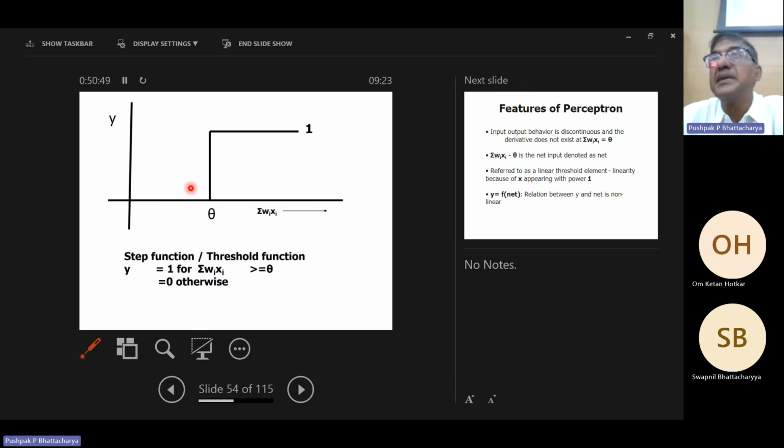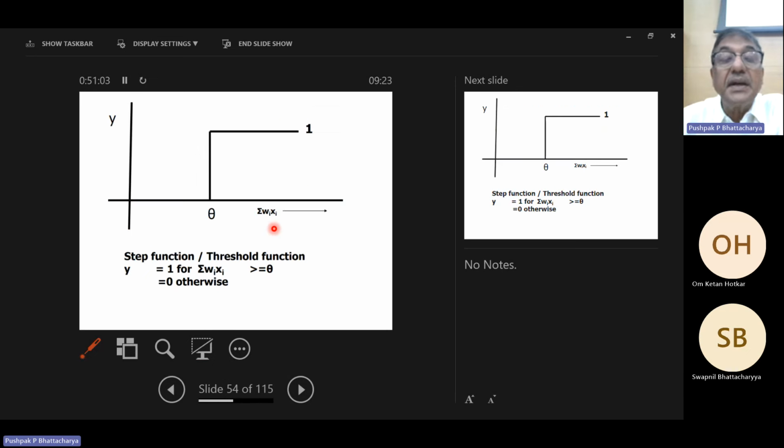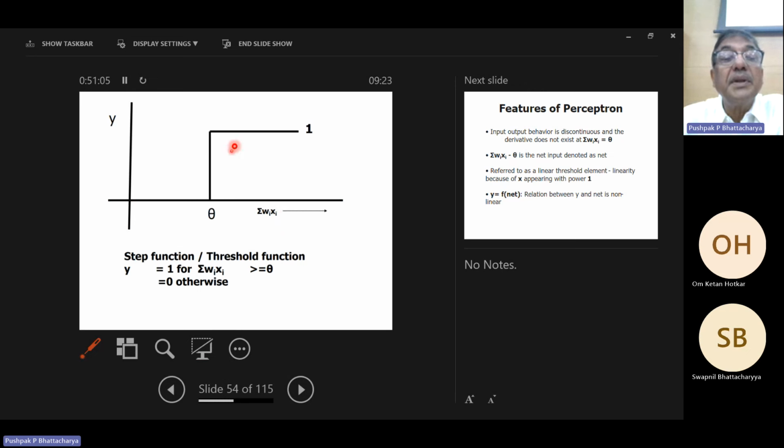This is what the perceptron does. Now you can immediately see that a perceptron is by nature a classification device. For some vectors x, if the summation is more than theta, then those vectors will be put in class 1. Otherwise, the vector is in class 0.